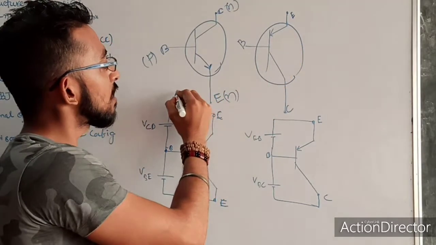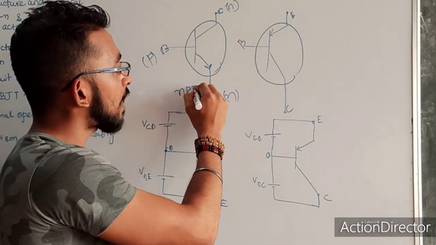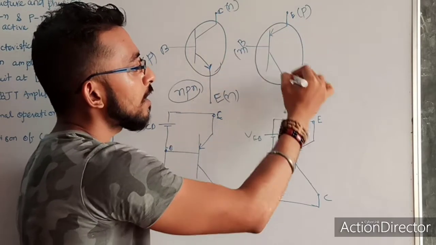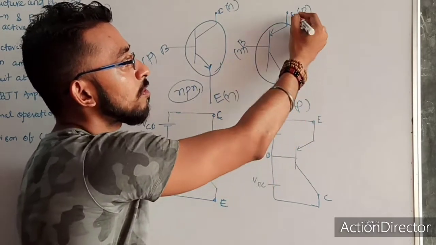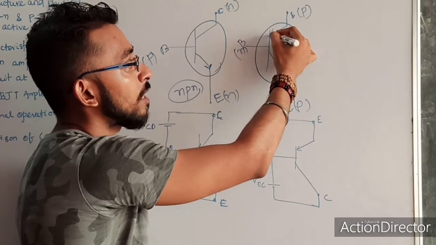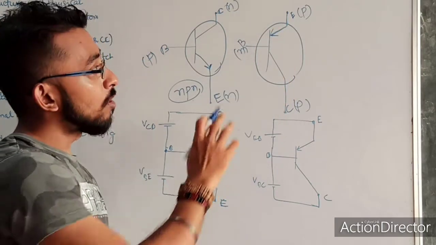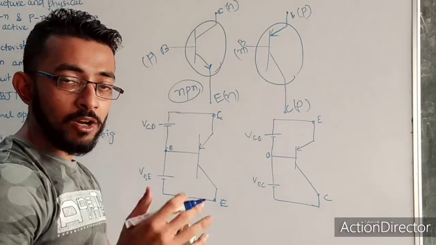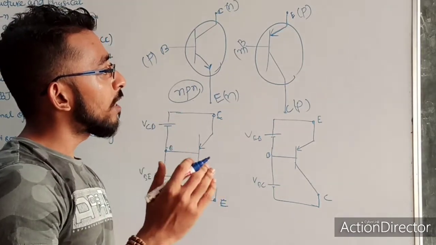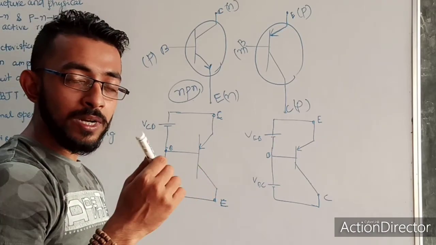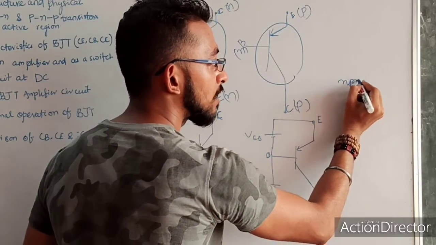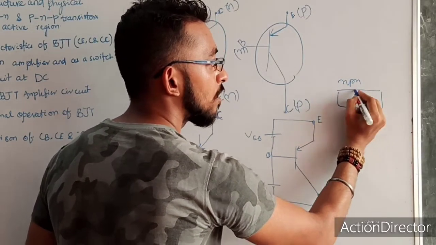You see, this is nothing but my NPN type of transistor. This is nothing but my PNP type of transistor. Here also with the emitter, I have put one arrow mark. Always put an arrow mark with the emitter. Now, what does that arrow mark indicate? That arrow mark shows the direction of current. If you remember, in our NPN transistor, how does our current flow?